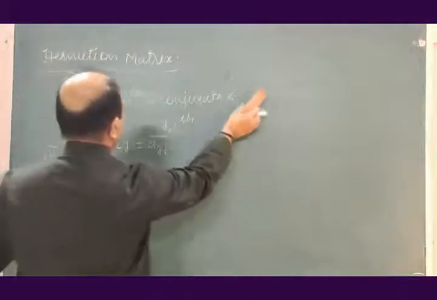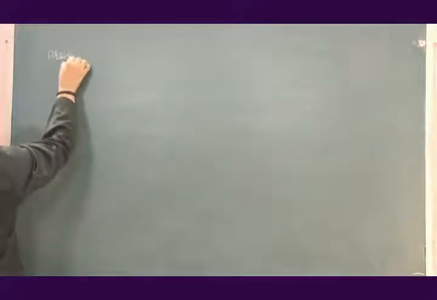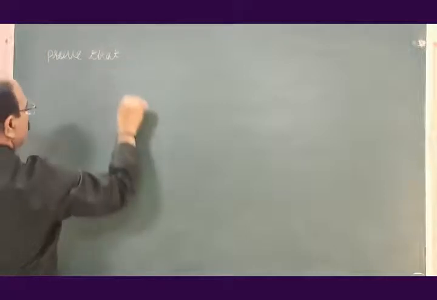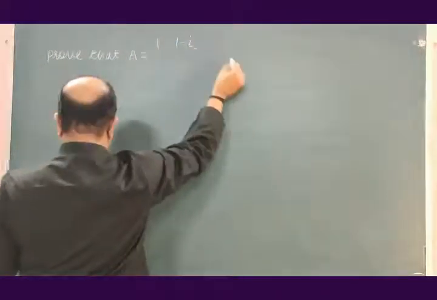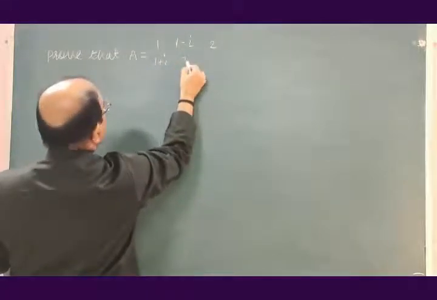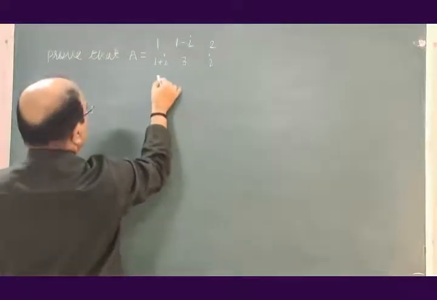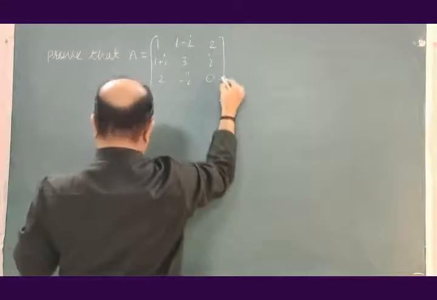Let us go for the first problem. The first problem is: verify, here, prove that the matrix A is equal to [1, 1 minus i, 2; 1 plus i, 3, i; 2, minus i, 0] is Hermitian.